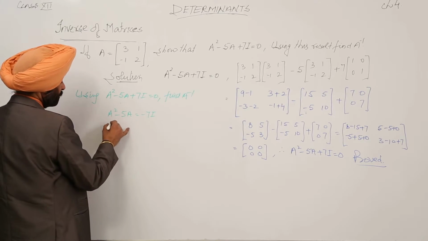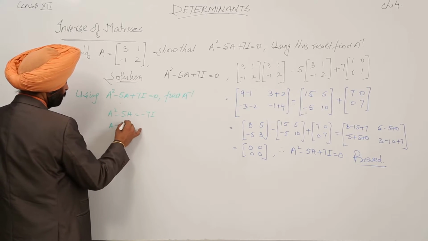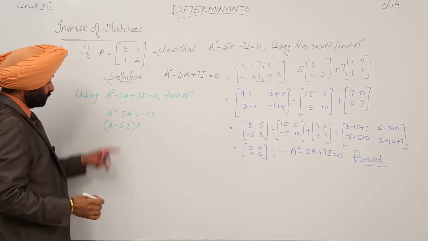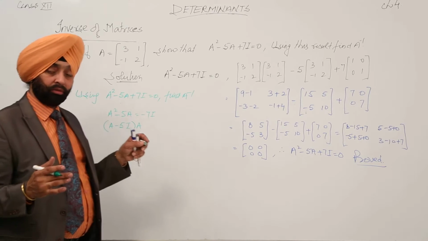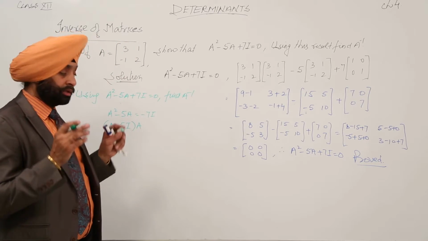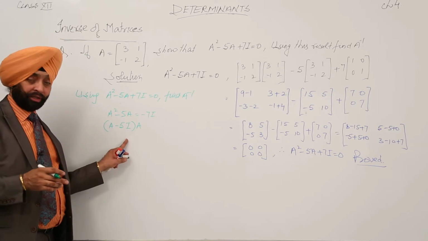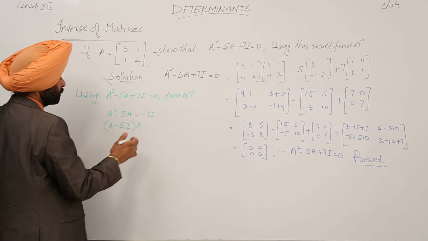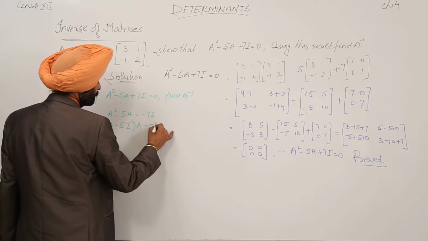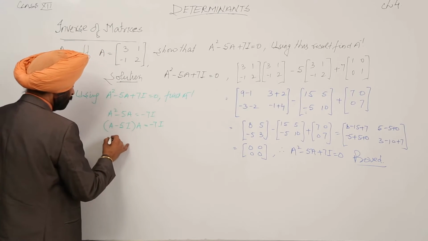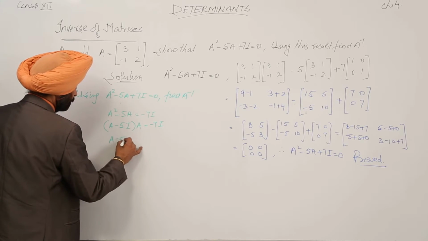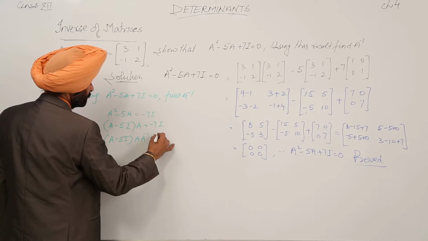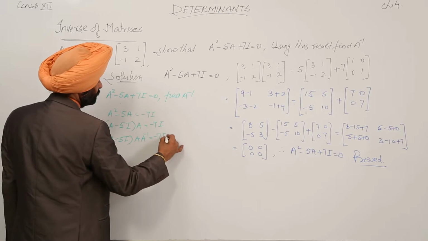Then taking A common, we have A minus 5 times the identity matrix, times A. When taking A common with a numeric value, we have to write the identity matrix, because this is a matrix and it should also be in matrix form. So this is equal to minus 7 times the identity matrix. Now (A minus 5I) times A inverse is equal to minus 7I times A inverse.